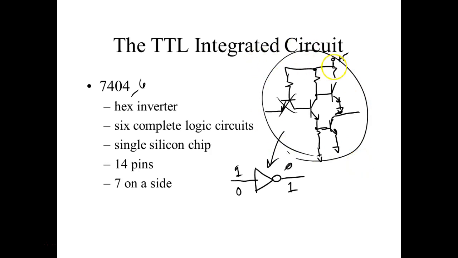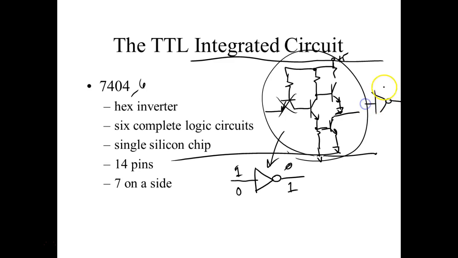Now what we can do is share the plus and minus with every circuit inside there. So over here I could have another inverter. I'm just going to draw the circuit. On this guy, we need 2 power pins, right? We need a power and a common pin.